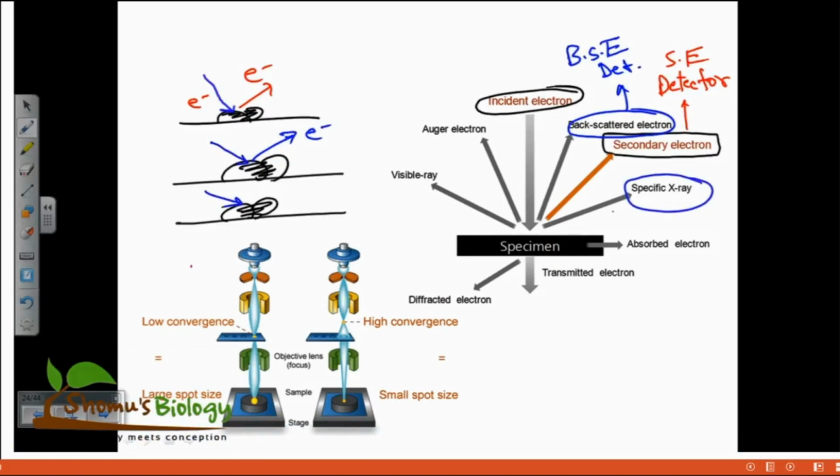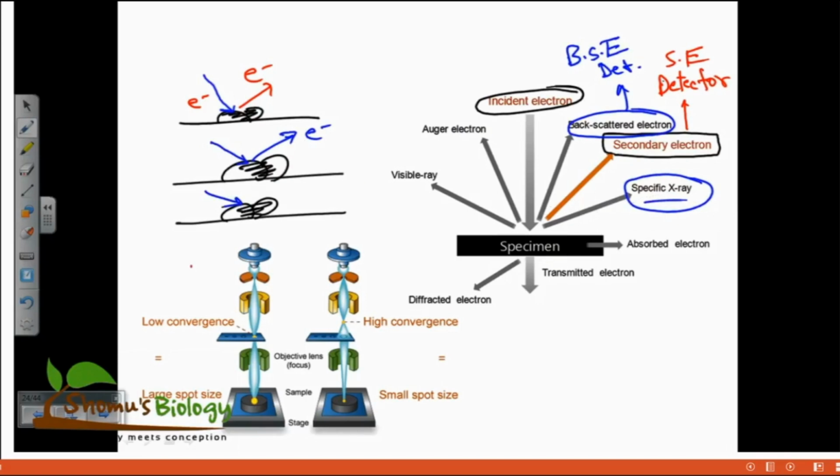There can be an X-ray detector or there may not be, depending on the different models that you're using, right? Sometimes X-ray detection is not important for looking at the structure of the specimen, but we can tell what the specimen is made of by this X-ray detection, right? Simple as that.